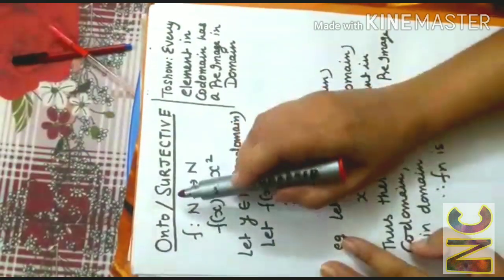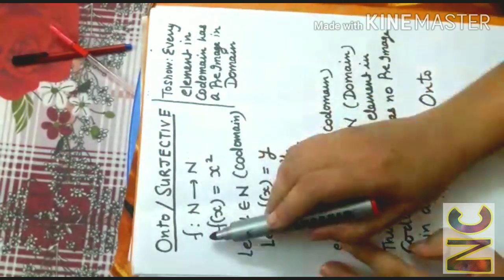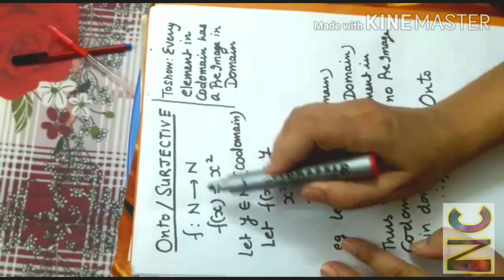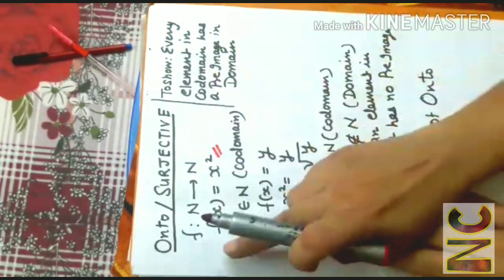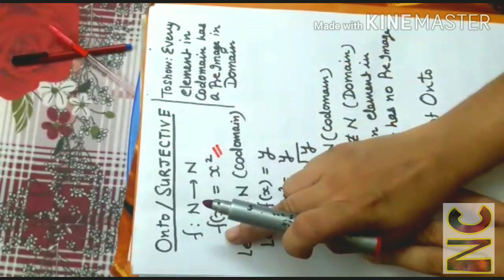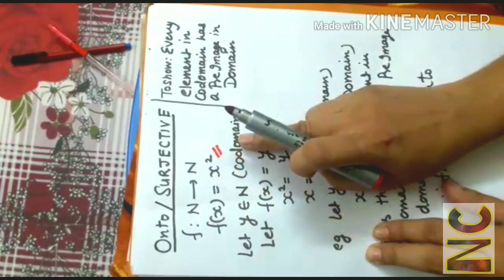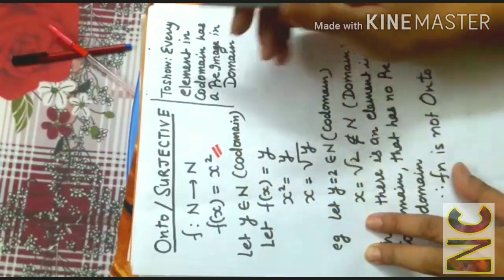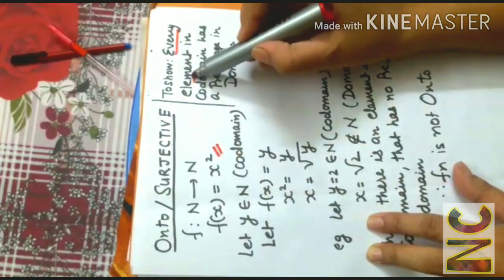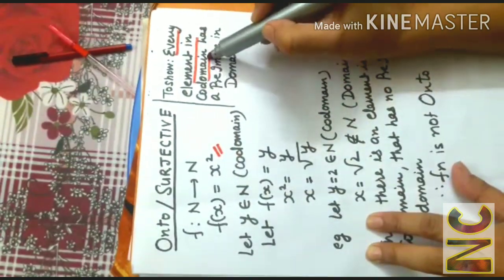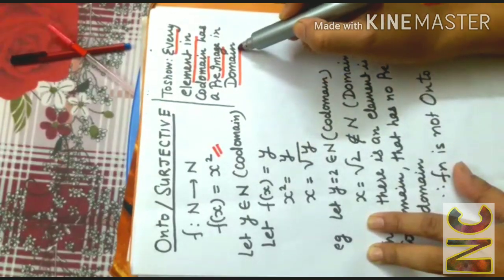We will check the surjectivity of this function. Yes, function is f from N to N, f(x) is equal to x squared. We have just seen that the function is one-to-one. Now we have to check whether this function is onto or not. Recall that a function is onto if every element in the codomain has a pre-image in the domain.